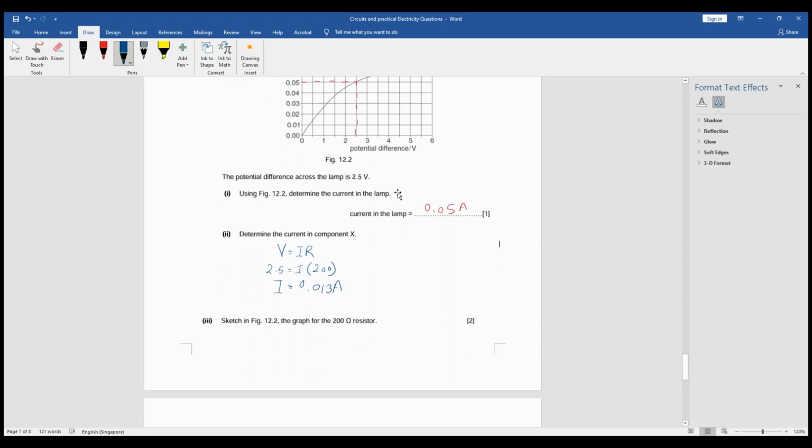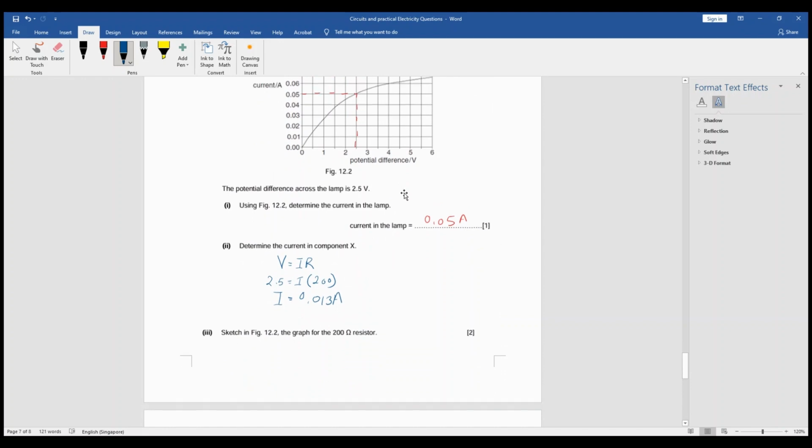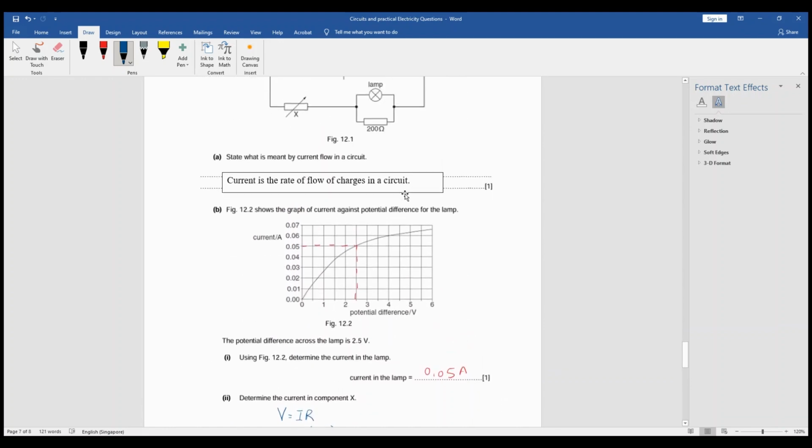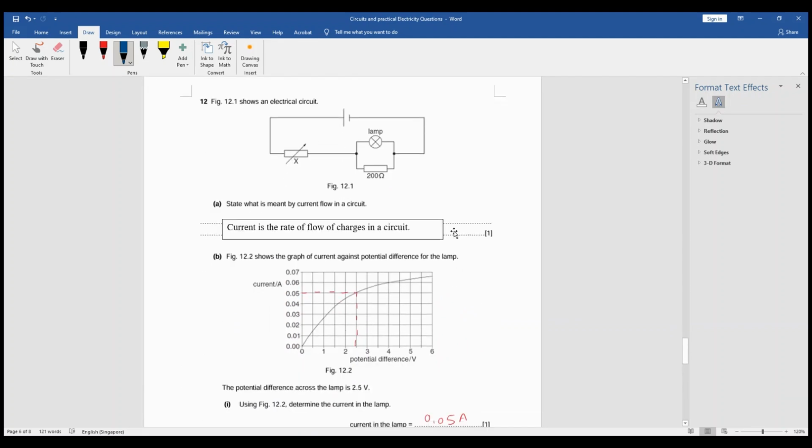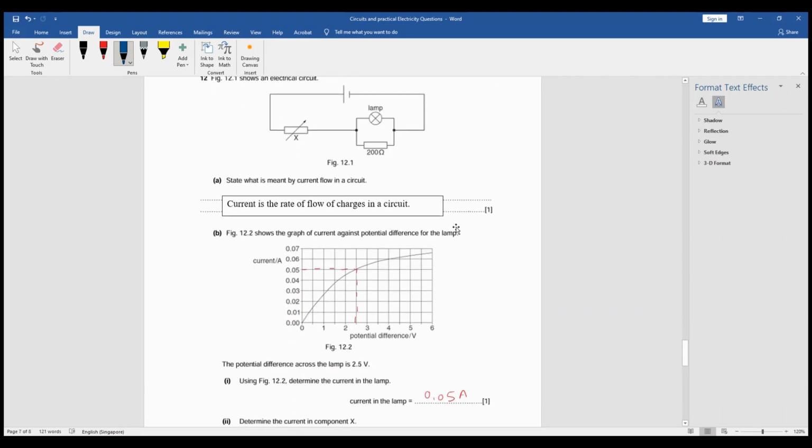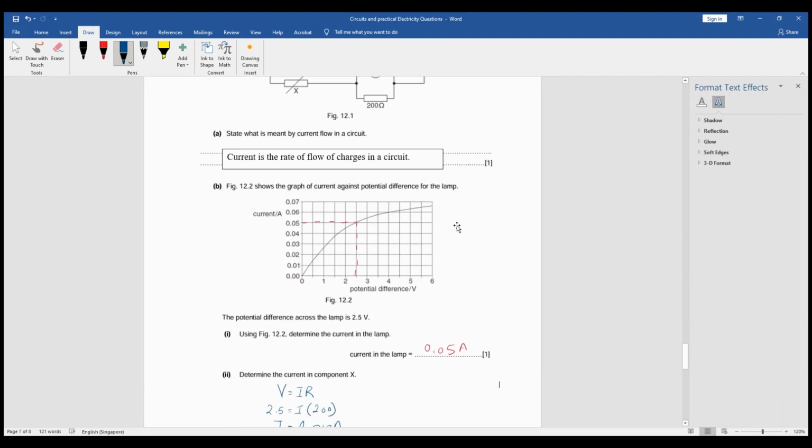Sketch the graph for the 200 ohm resistor. Okay, it's a resistor, so it should follow Ohm's law. It should be a straight line, but I need 200 ohms. That means the gradient should be 1 over 200 because this is an IV graph.